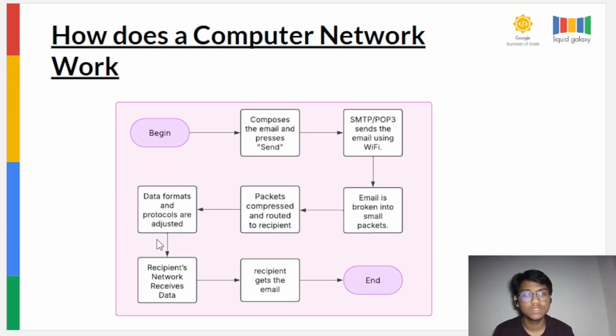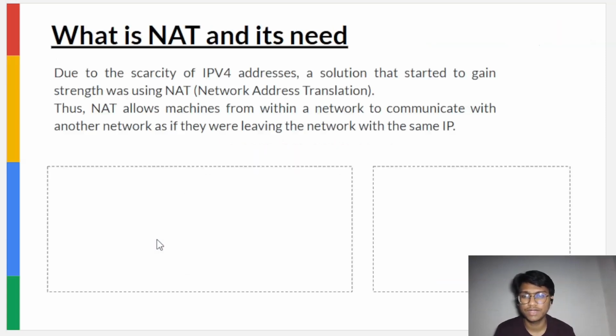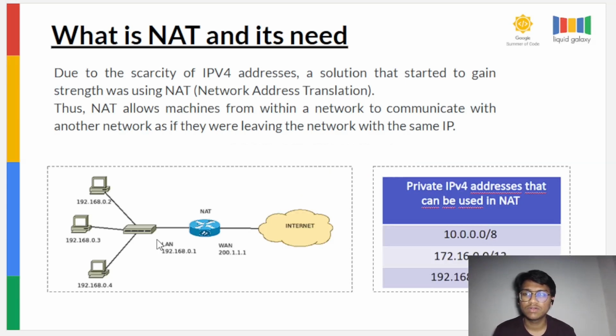Now just see what the NAT is that we are using in our VirtualBox, and we are using it to connect our 3 displays or 5 displays in our little galaxy. So let's understand what is network address translation or NAT. In the network, we are giving it an IPv4 address, but IPv4 addresses are limited.